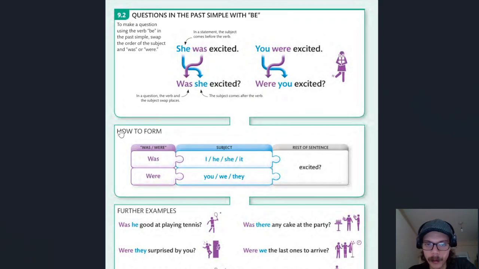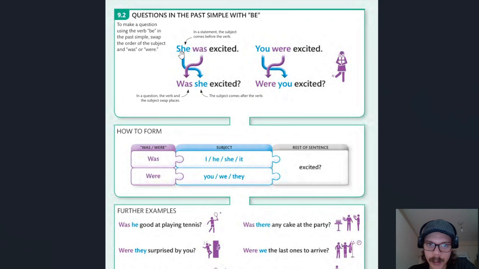Okay. So the thing you have to remember, the past be, again, is the same as in the negative we saw. So was and were. Was is for singular, were is for plurals. And then the rule is when you make a question, you switch the two positions.